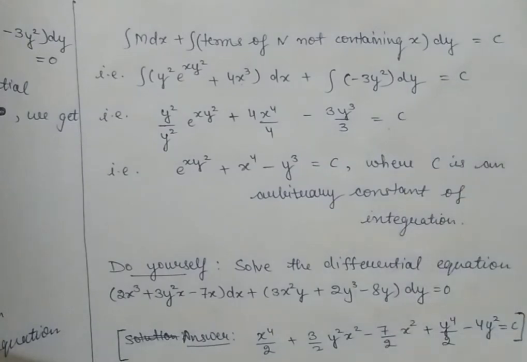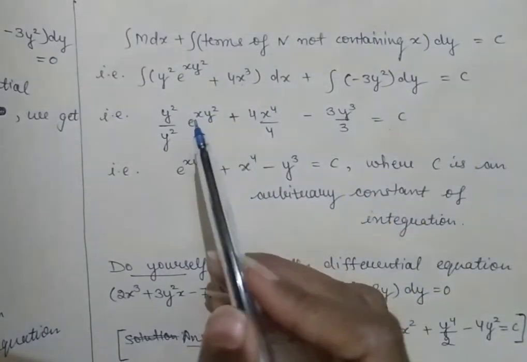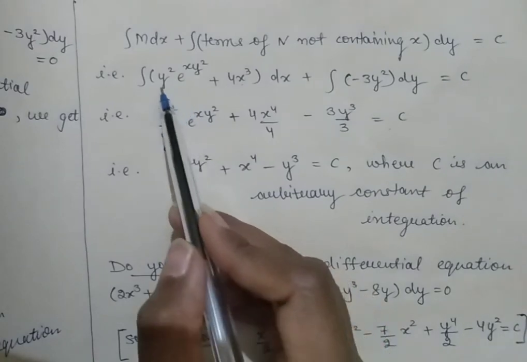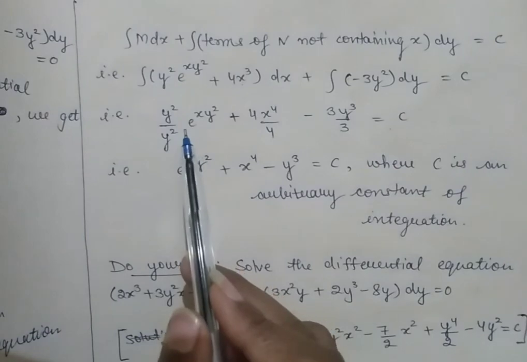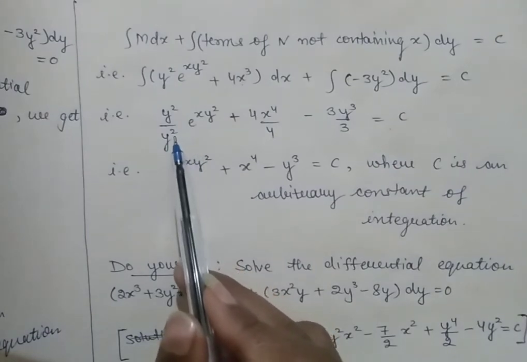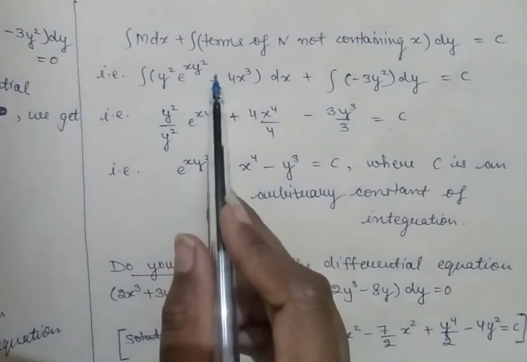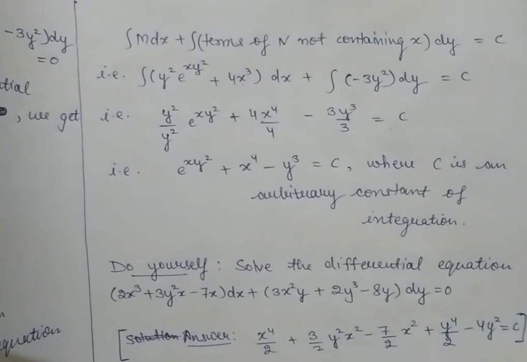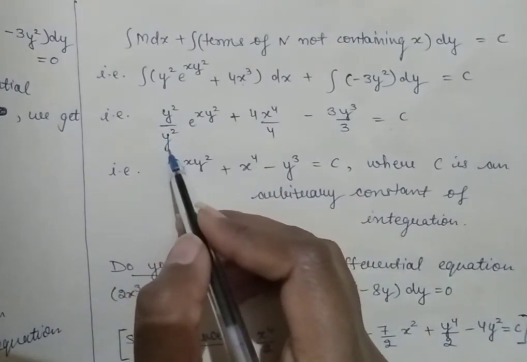Now we integrate with respect to x here and with respect to y here. We have y square as constant because we are integrating with respect to x, so write y square as it is and we integrate e raised to the power xy square. Then if we integrate e raised to the power xy square with respect to x, y square will be in the reciprocal.